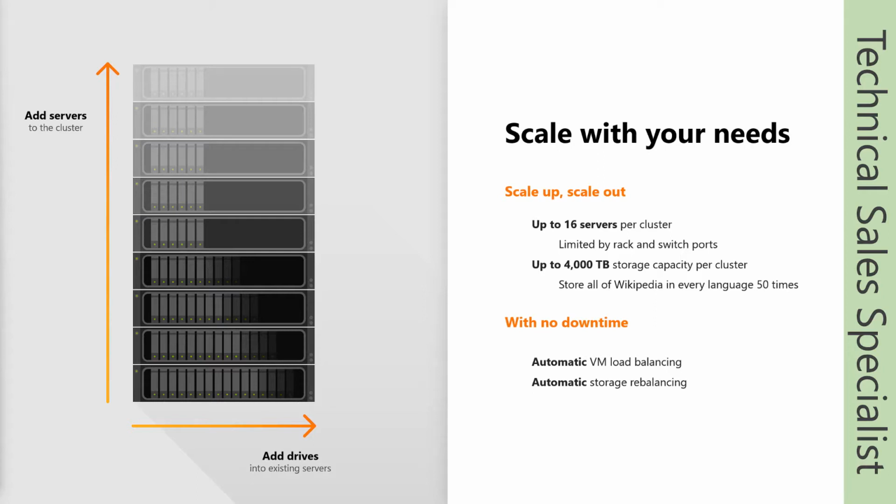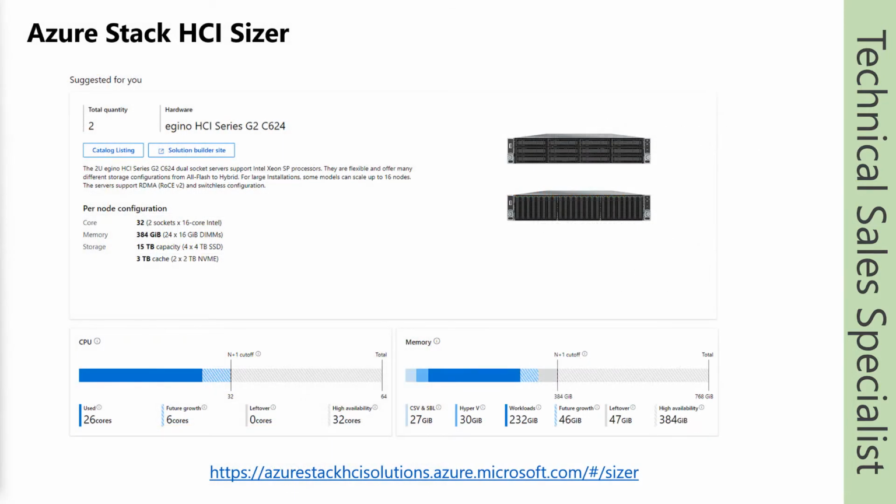Now the question is how to plan for such a solution, how to find out what's the best configuration for your workload. Microsoft provides us a new planning tool, the Azure Stack HCI Sizer. The Azure Stack HCI Sizer is actually in preview, but it works already very well.